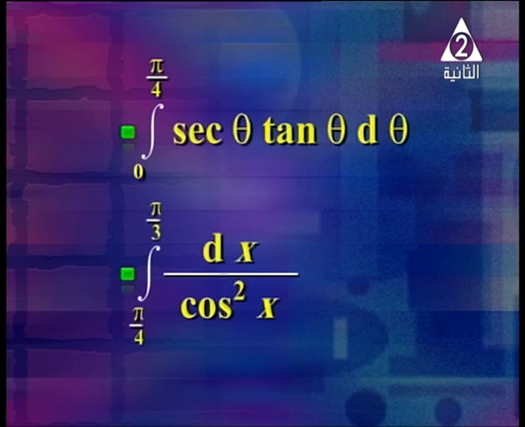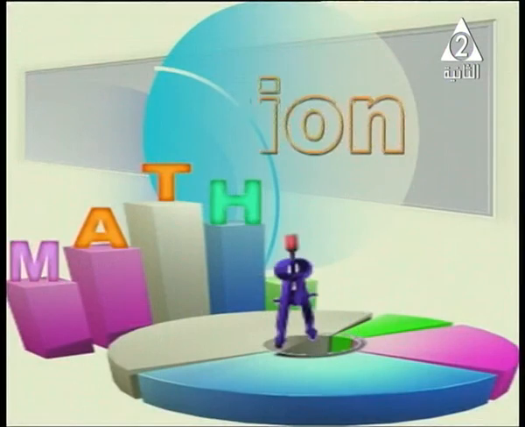Four: find the integration of sec theta tan theta d theta from 0 to pi over 4. Five: the integration of dx over cosine squared x dx from pi over 4 to pi over 3. Solution.